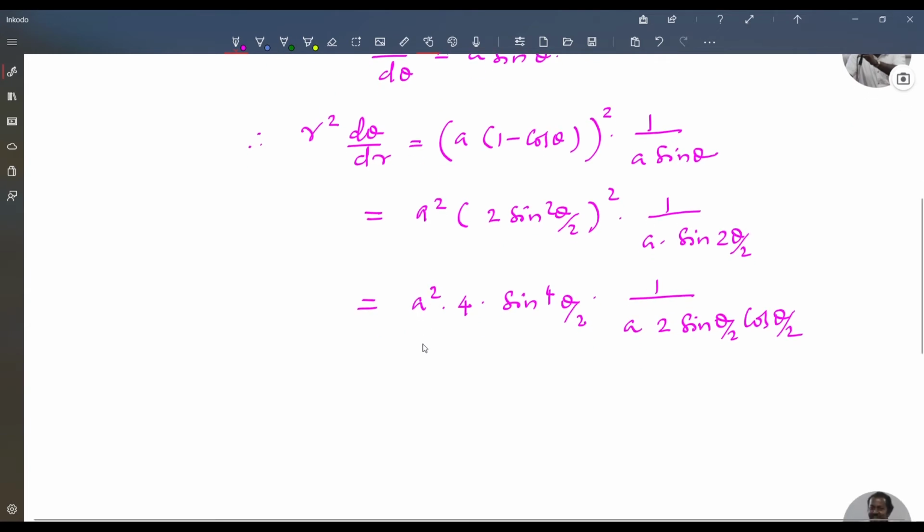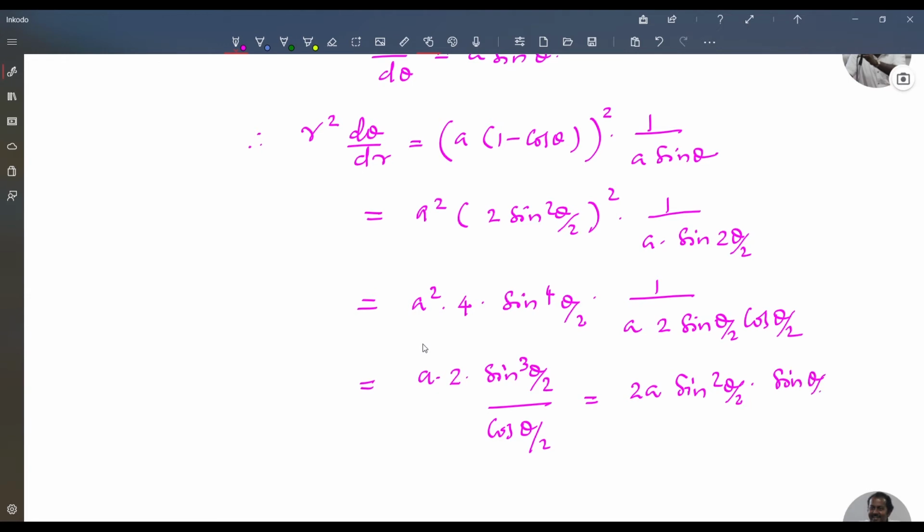So that is equal to, you can cancel a into 2 into sin cube theta by 2 divided by cos theta by 2. So this is equal to 2a sin square theta by 2 into sin theta by 2 by cos theta by 2.